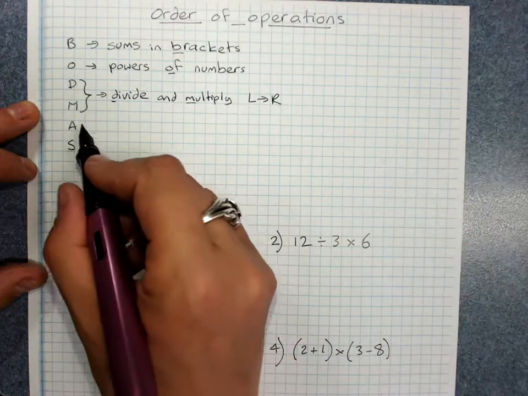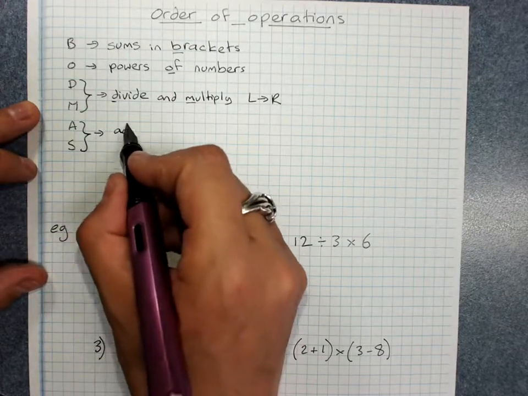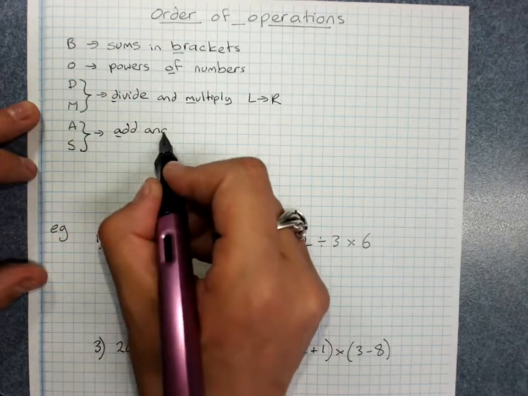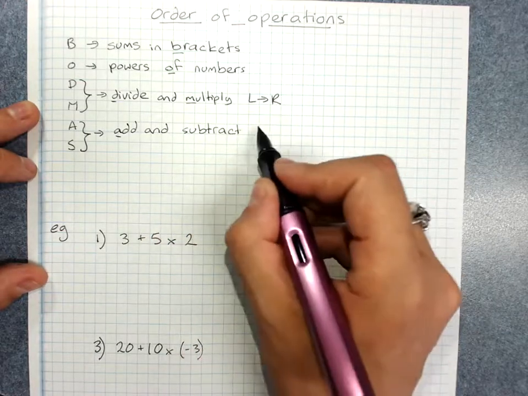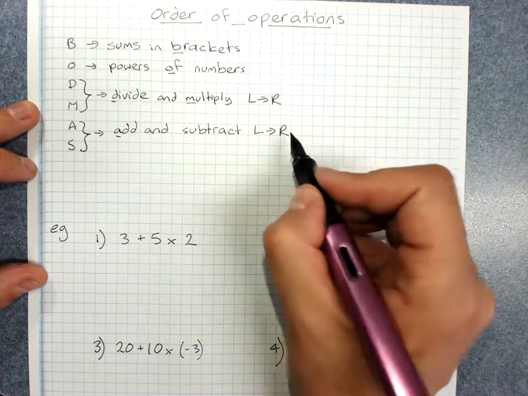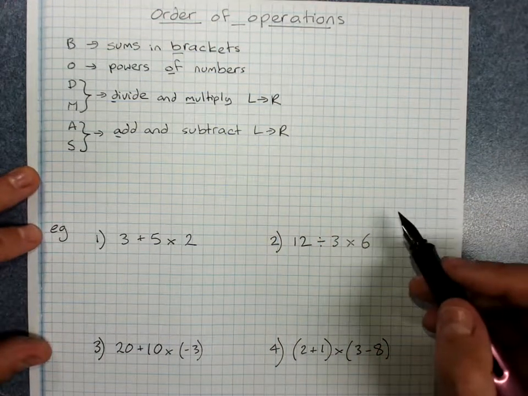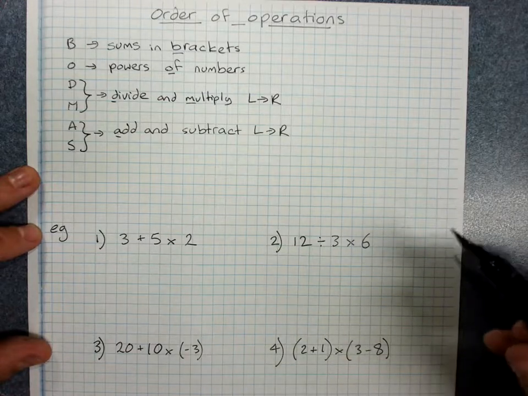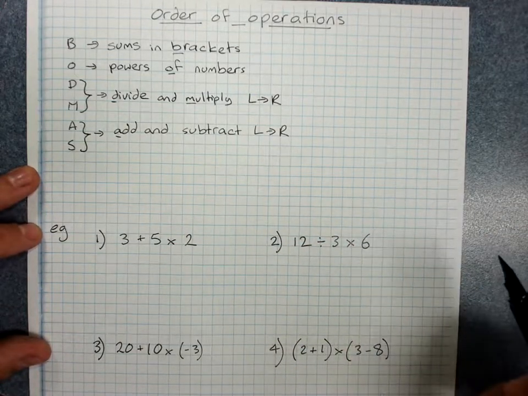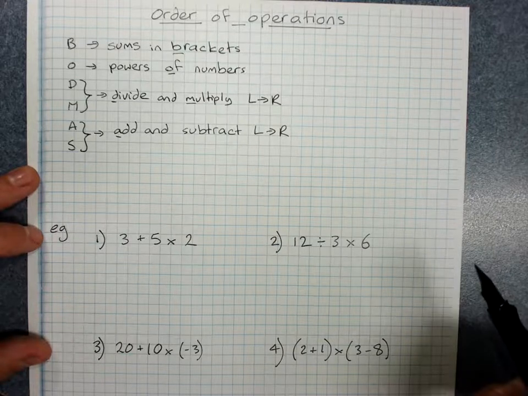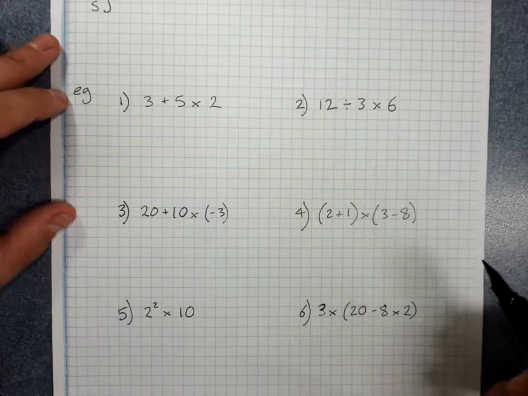And the same with the AS, addition and subtraction, add and subtract left to right. Now, you need to work line to line, keep all parts in the sum, so don't just do one bit and leave out all the rest of the numbers, and underline what you're going to tackle next. And of course, check it with a calculator.